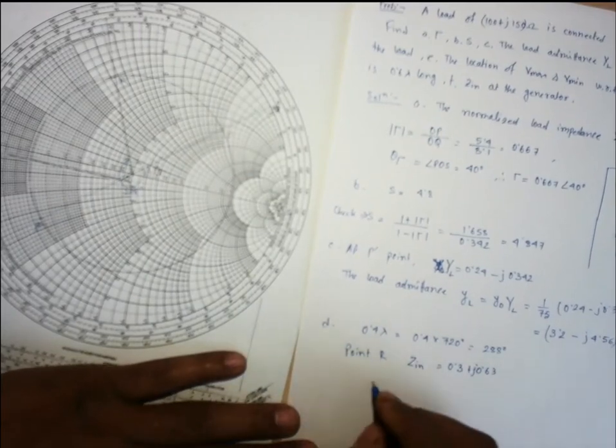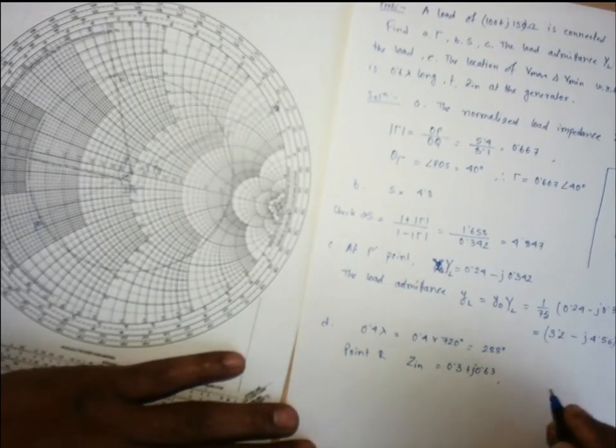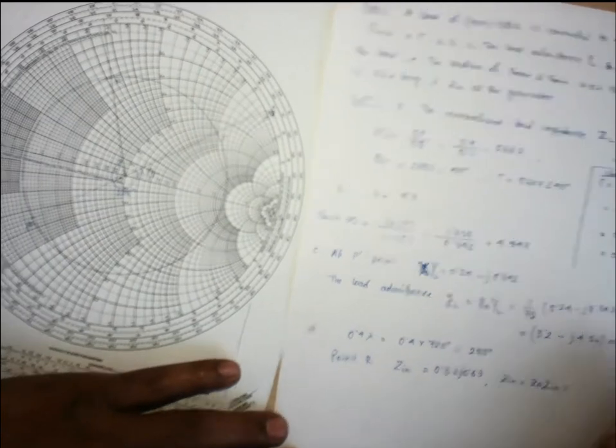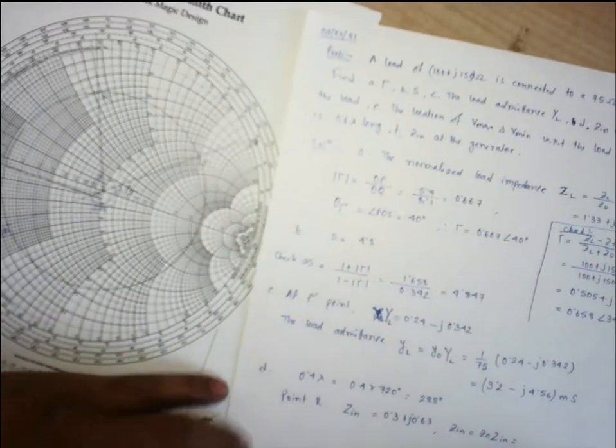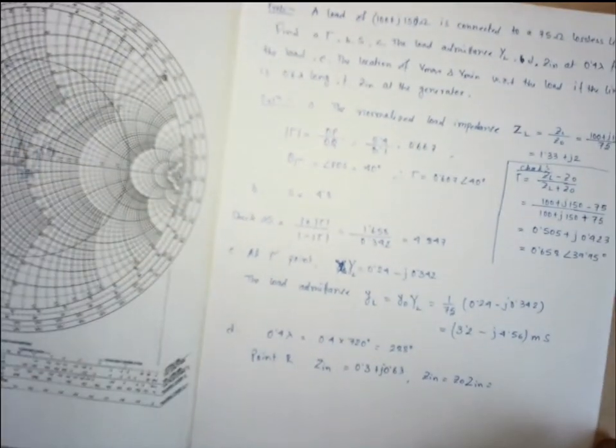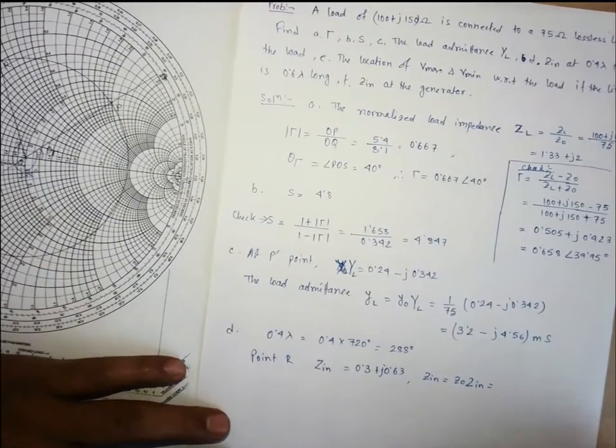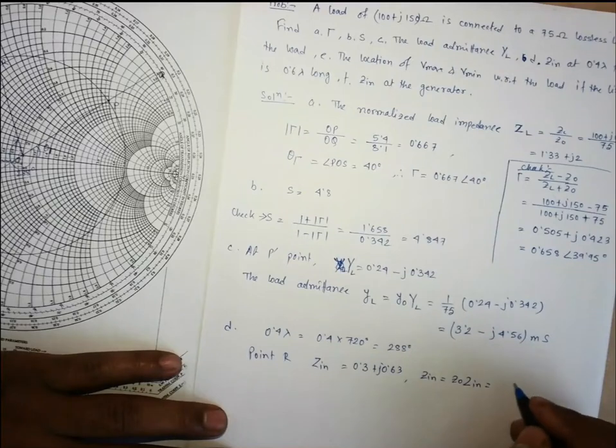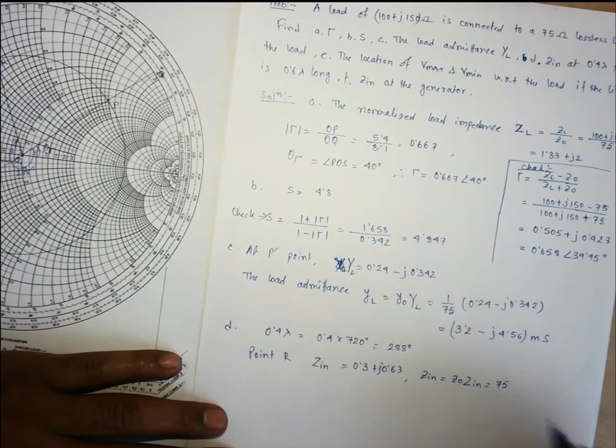So to find out the input impedance, we need to multiply with Z naught, Z in, same thing, whatever we have written here, same way. So Z naught is your 75. It is 0.3 plus J 0.63.